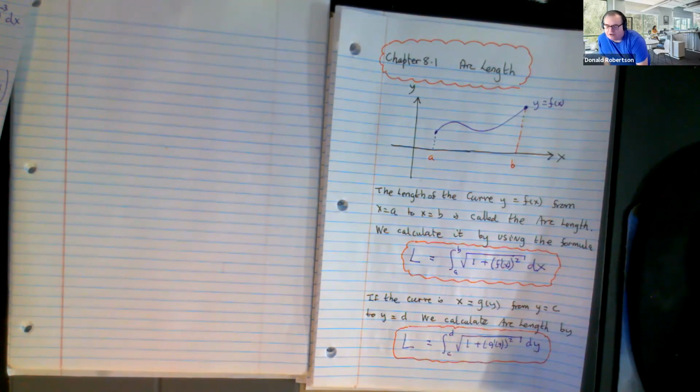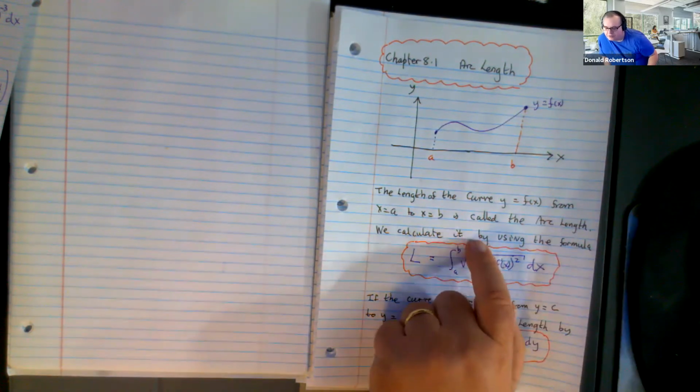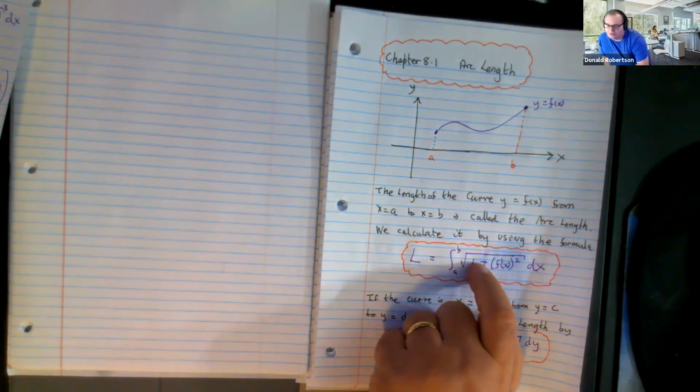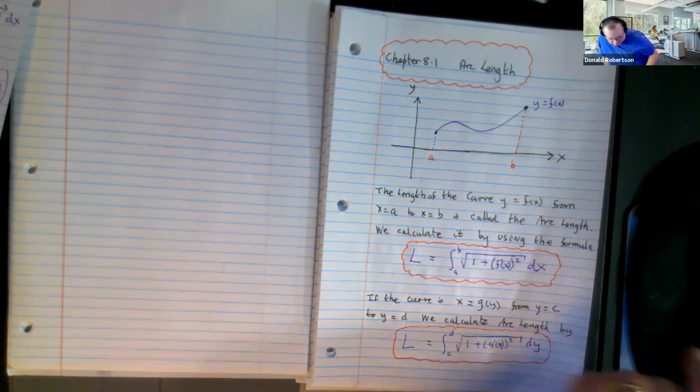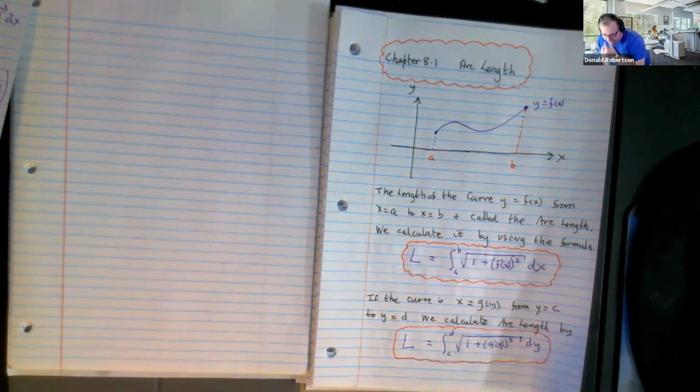Now, interestingly enough, you calculate the arc length by using this formula. And you notice it's an integral formula, right? It's an integral from a to b. The guy that you integrate is a bit weird. If you want to look at the proof, it comes from Pythagoras, and you can certainly go and look it up.